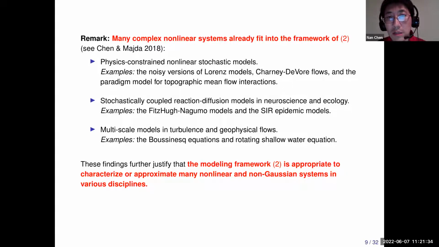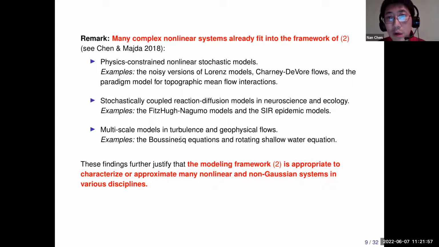And there are also other examples. If you are familiar or interested in stochastic coupled reaction diffusion models in neuroscience or ecology, I can also provide you some examples, especially this physical FitzHugh-Nagumo model. And for those multi-scale models in turbulence and geophysical flows, you can apply some Fourier decomposition or spectral decomposition to these systems.